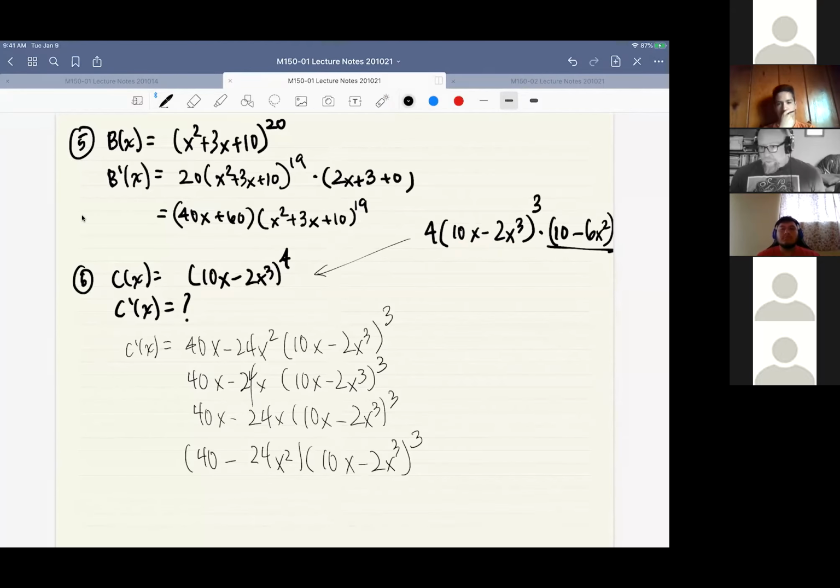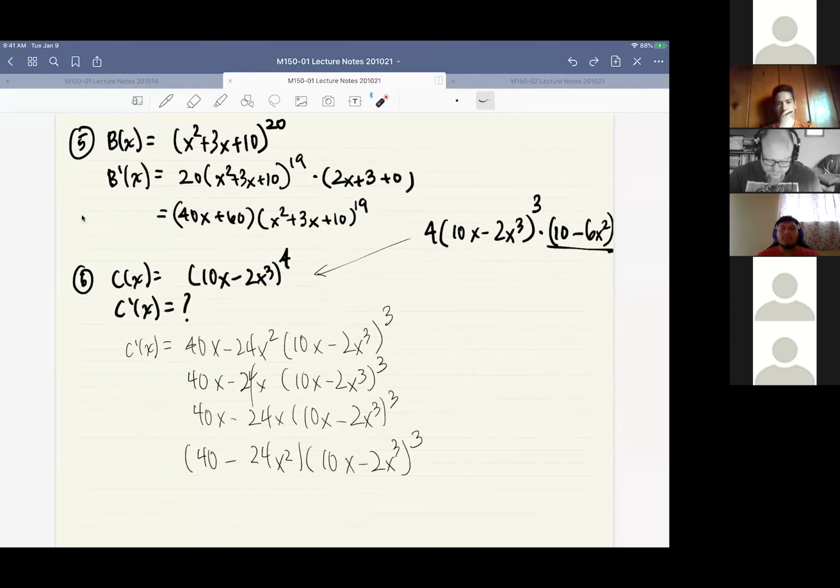Now here I will tell you, you could leave it like this. This is a perfectly good way to leave it. You could multiply this 4 through all this stuff if you wanted. The way this is written right now is kind of in factored form, or close to a factored form.